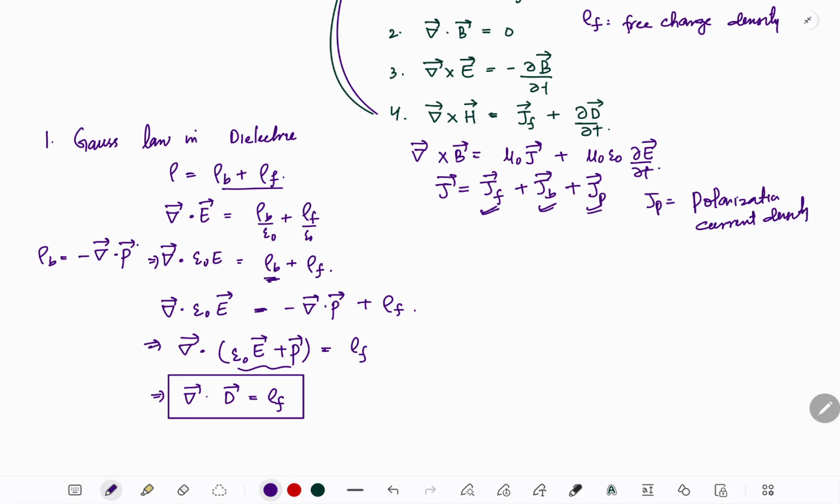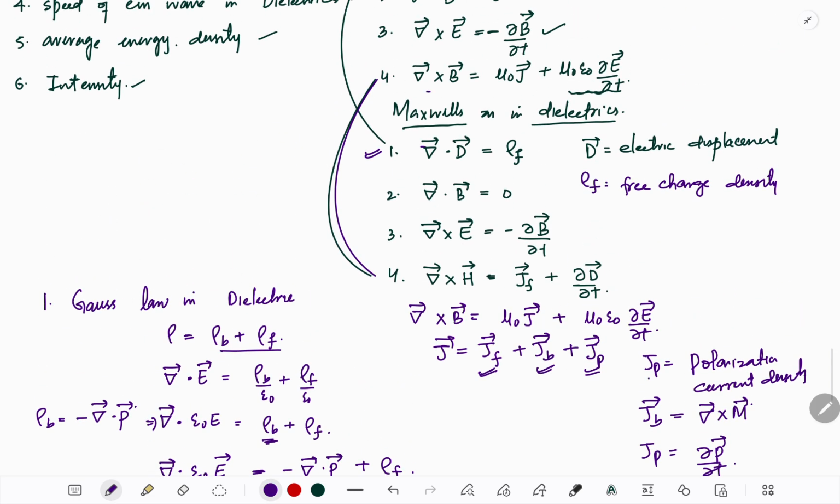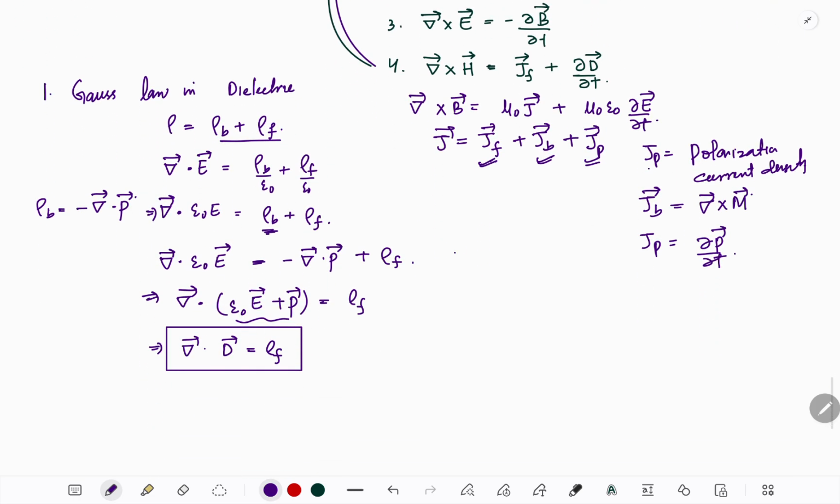Those two you know. Now while JB, I hope you know this from the magnetism portion, is del cross of M, and this JP is actually dou P by dou T. This is related to the polarization. Now substituting into this equation, del cross of B is equal to mu 0.